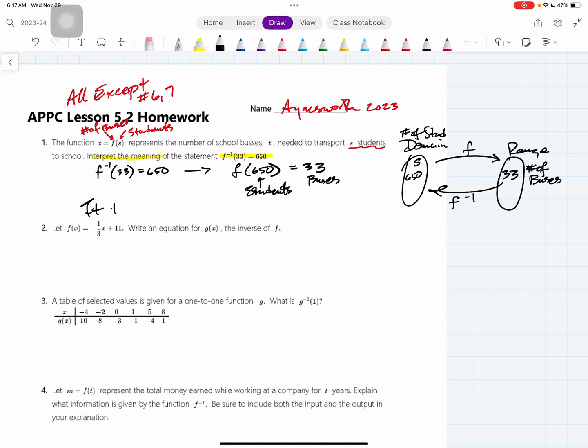Let's write that out: it takes 33 buses to transport 650 students. There's what's called the interpretation. We do a lot of that in this class, as you know. Everything is in a context, and you have to interpret everything, because everything means something.